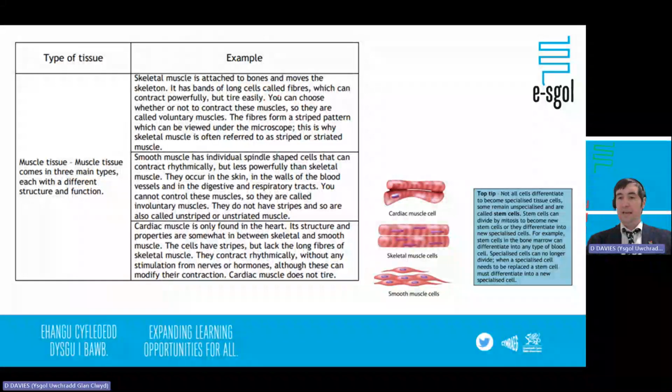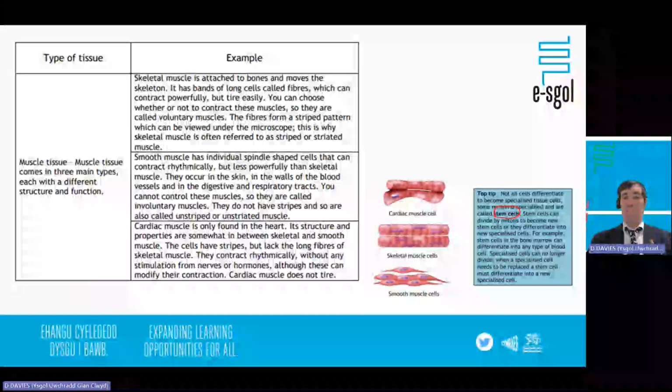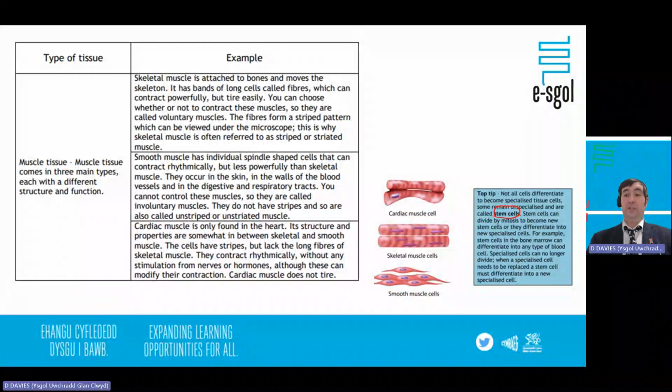Okay, a little top tip here. Again, not all cells differentiate to become specialized cells. Some are retained as stem cells. Stem cells are quite nifty in that they retain the ability to differentiate into any type of cell, which is really good.